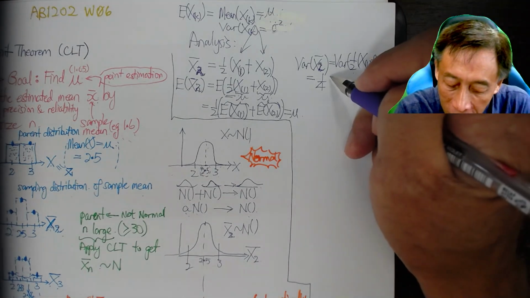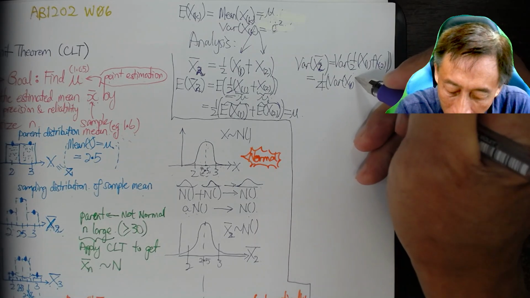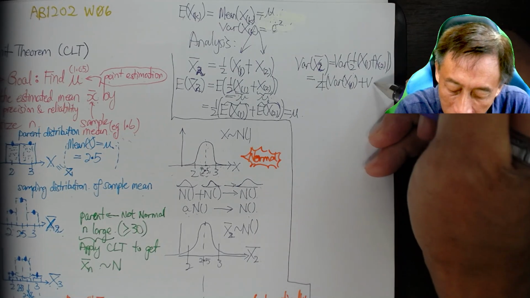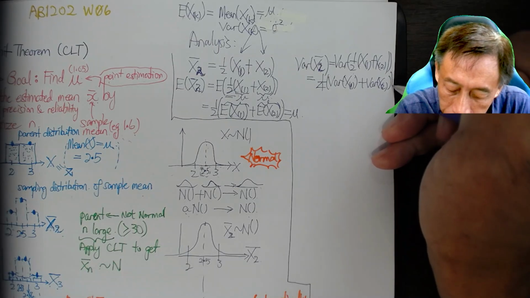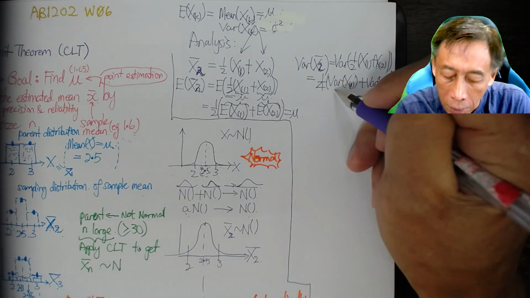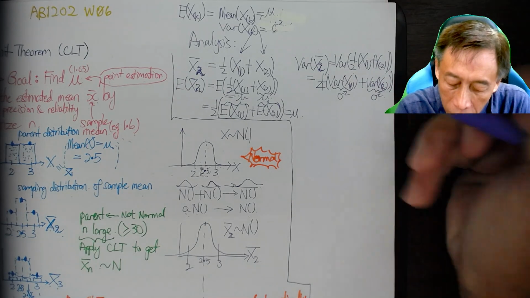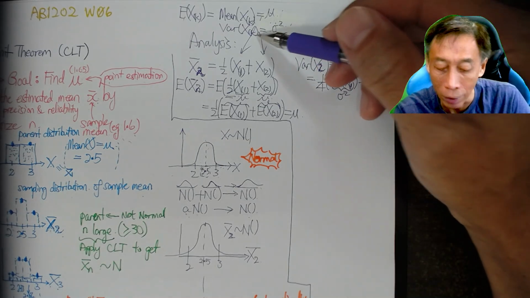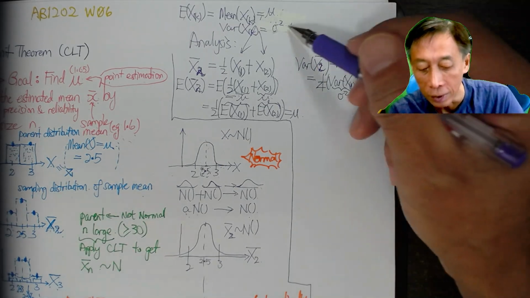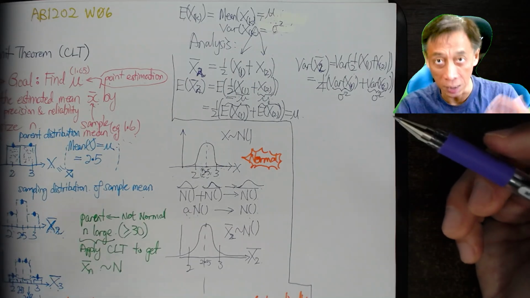Then we basically get variance of x1 bracket, and we split that, variance of x2 bracket. Now notice that this is actually our sigma squared because they are the same. Remember, for xk, whether k is 1, 2, 3, 4, 5, they all share the same variance because we're drawing from the same town, from the same population.